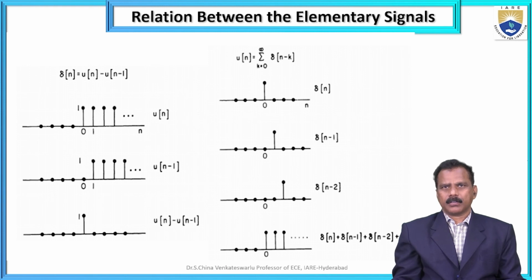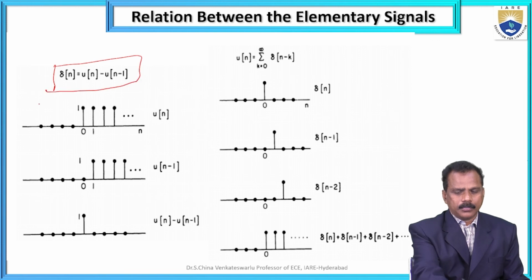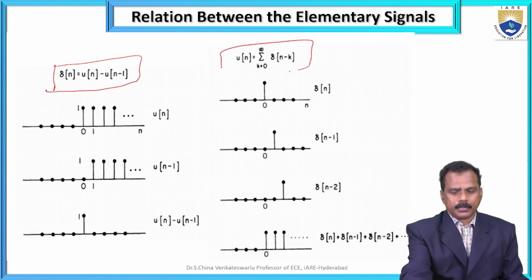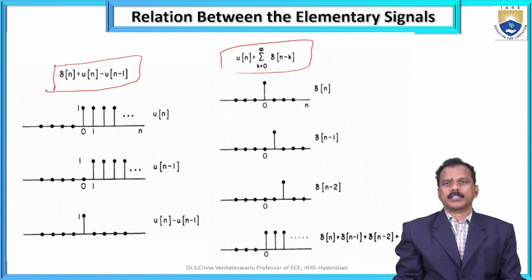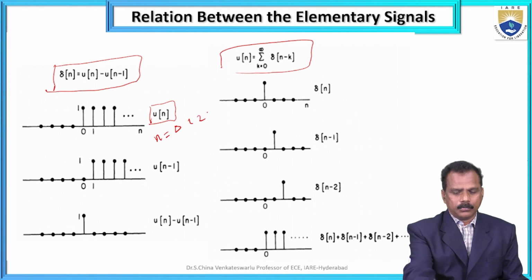Already we have seen that among the elementary signals, delta of n is equal to u of n minus u of n minus 1, and using this, u of n is equal to the summation from k equal to 0 to infinity of delta of n minus k. Here n is equal to 0, 1, 2, 3, 4, and so on.